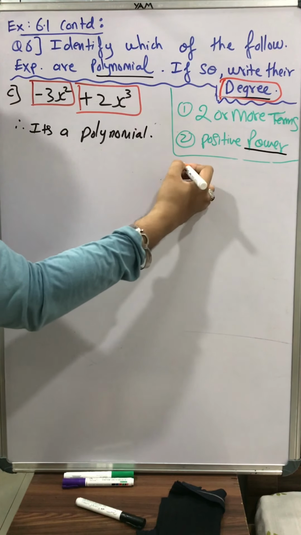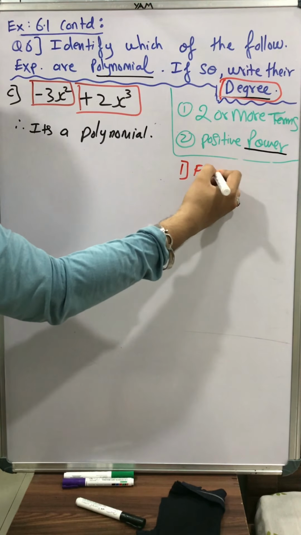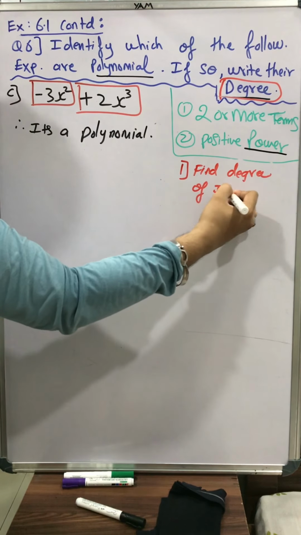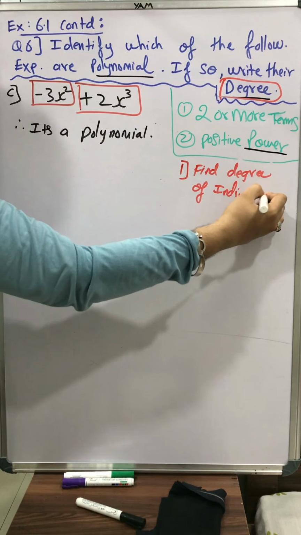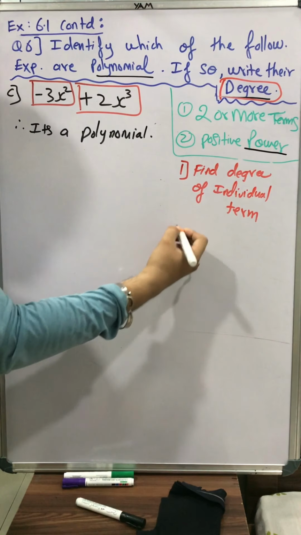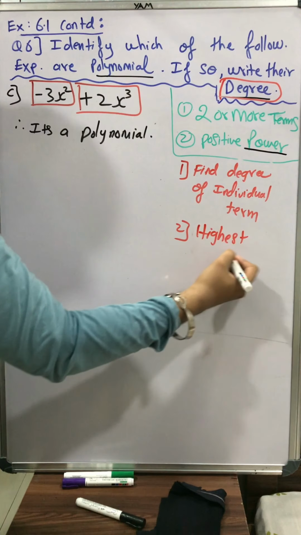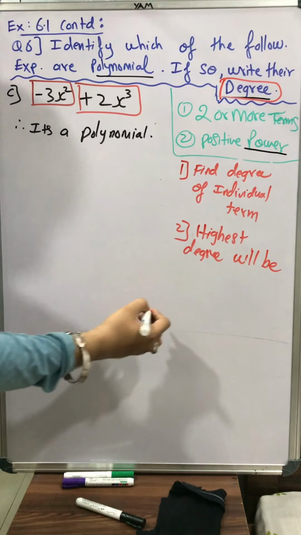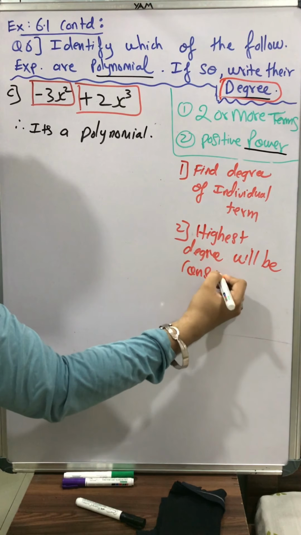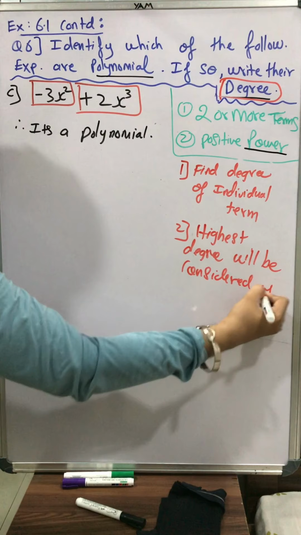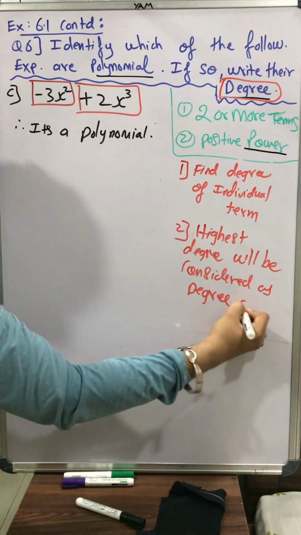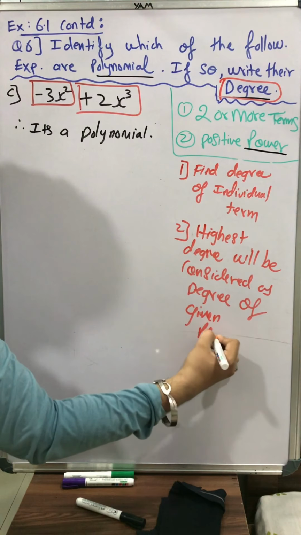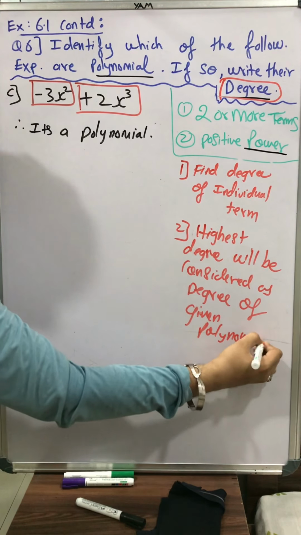So the first step is to find the degree of individual term, and the second step is the highest degree will be considered as the degree of given polynomial.